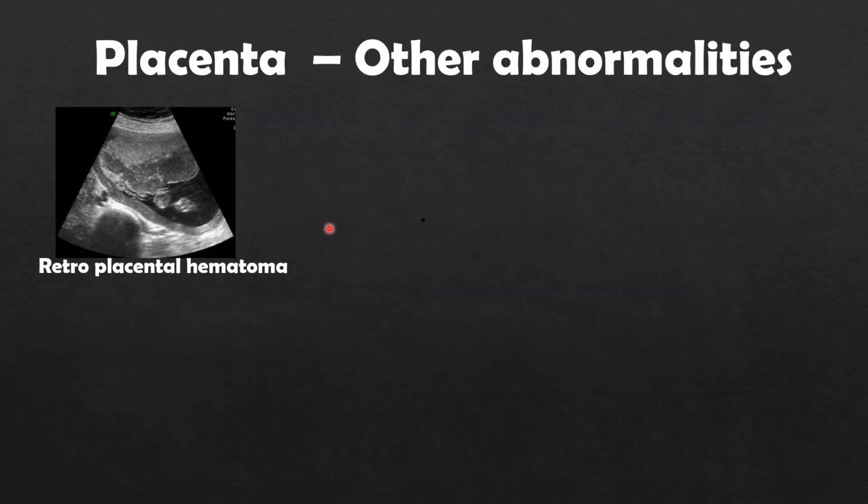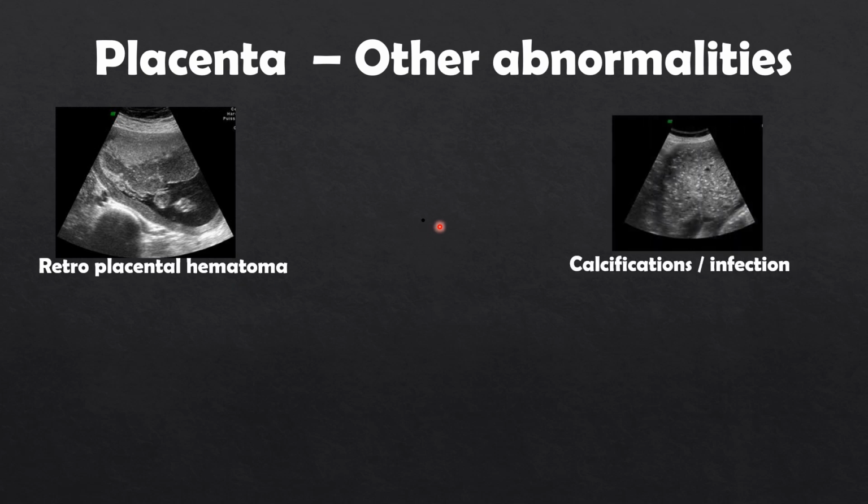Here are other anomalies. The first one is the retroplacental hematoma, which is often not seen in ultrasound images. It's the clinical finding that provides the information. In this second example, the placenta shows calcification and is thickened, and infection should be considered.